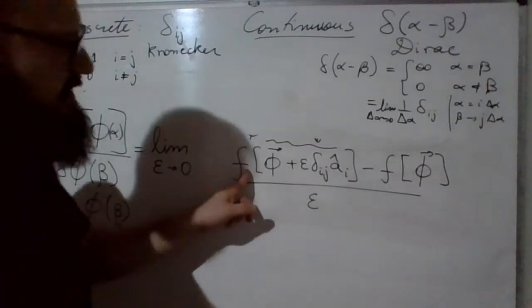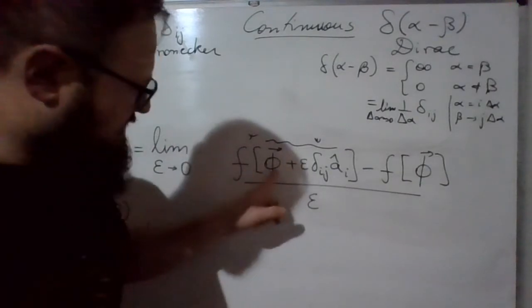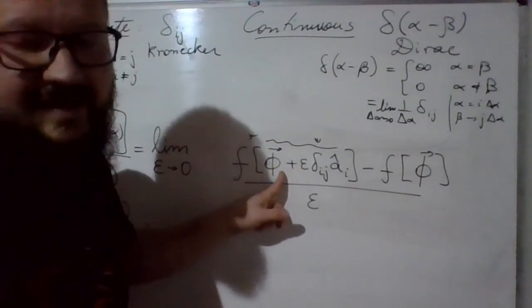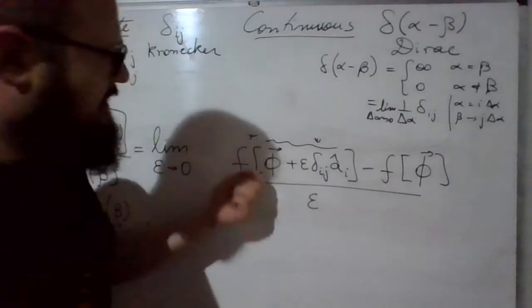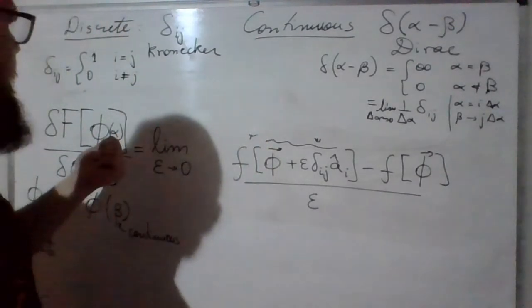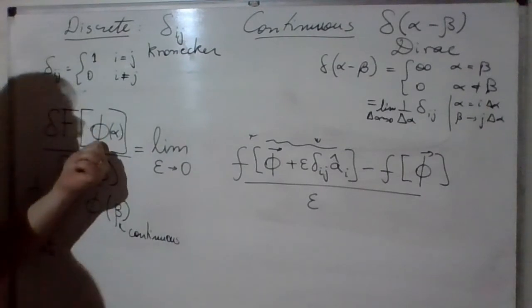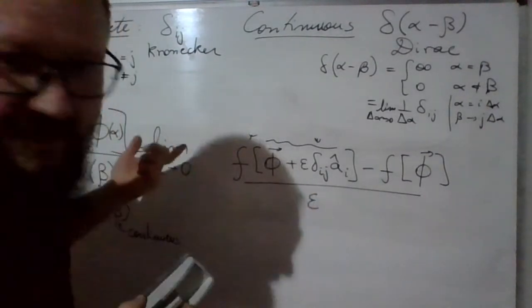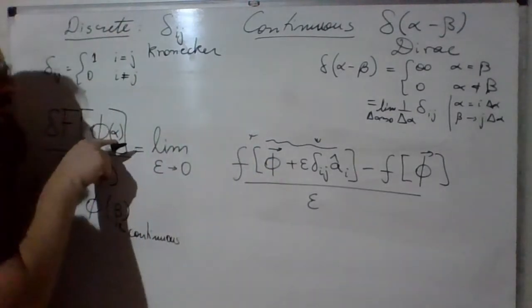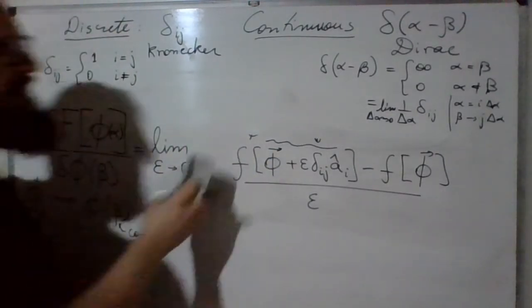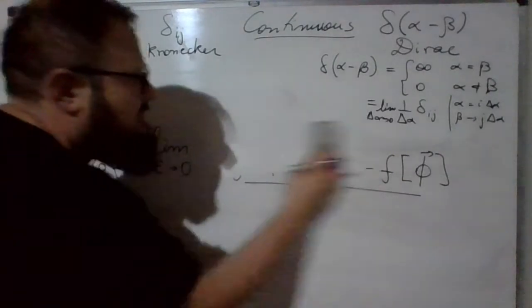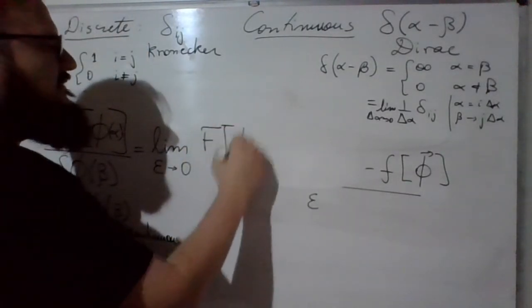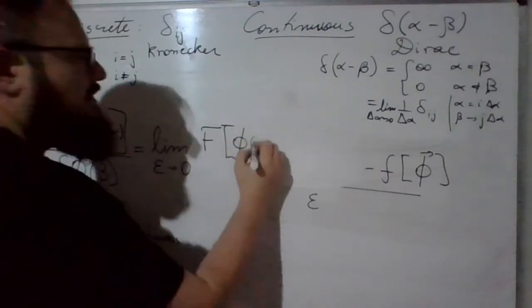But now I don't have a scalar of a finite dimensional vector phi, but an infinite dimensional vector. I'm calling it a vector or a function depending on the continuous parameter alpha. So I need to replace here by f of phi of alpha.